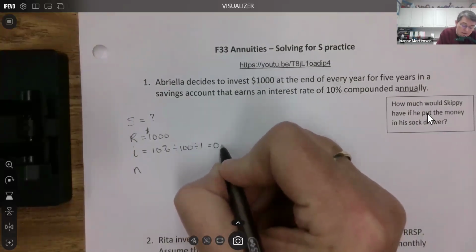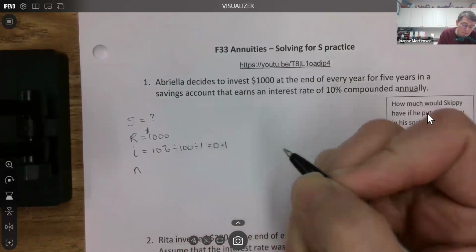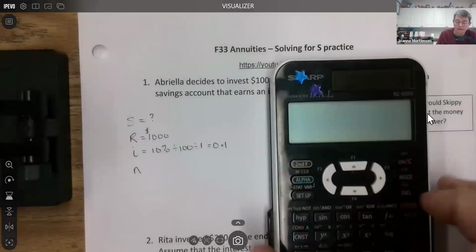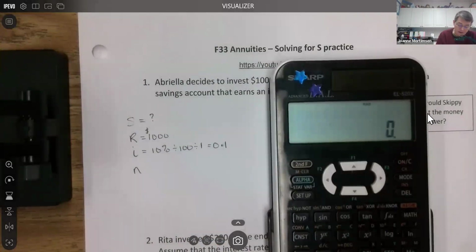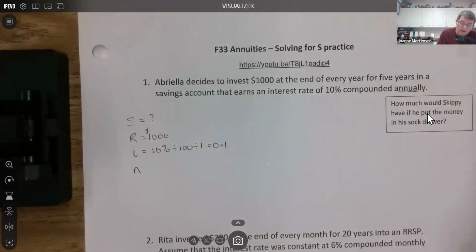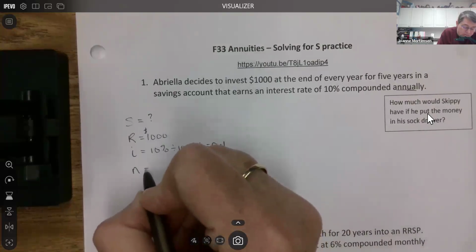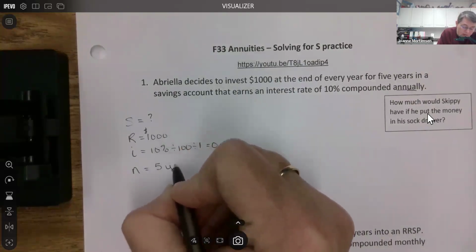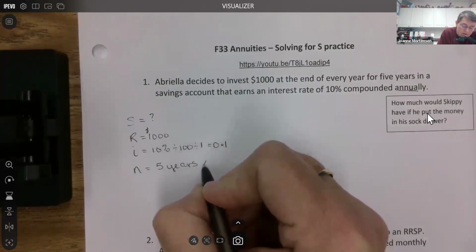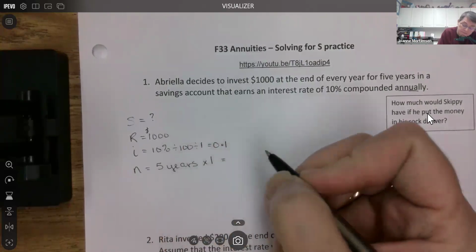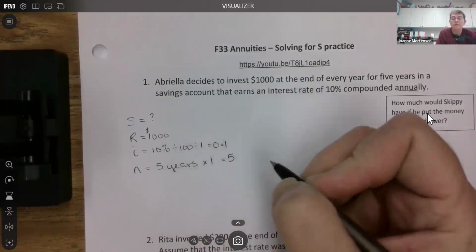That's going to be 0.1. And N is 5 years times 1.